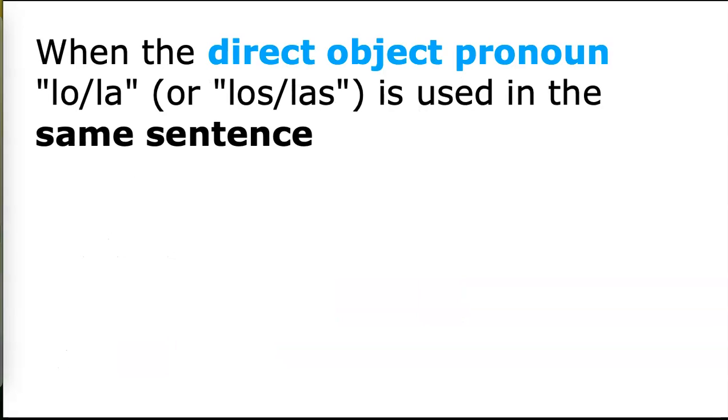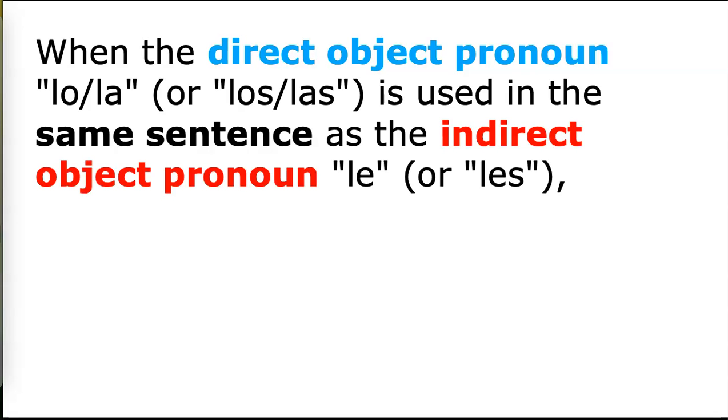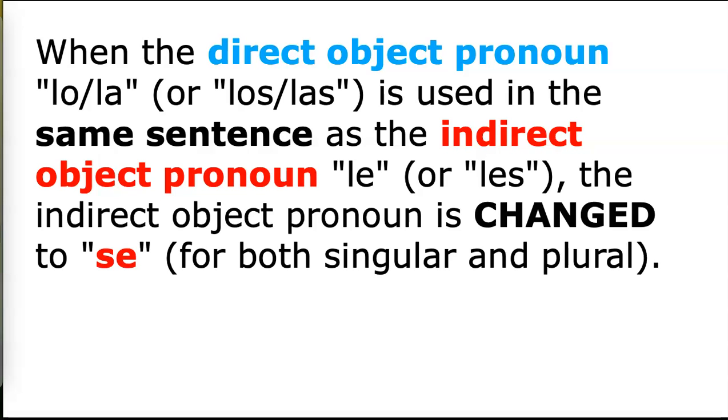Here's another rule, however. When the direct object pronoun, lo or la, or the plural los or las, is used in the same sentence as the indirect object pronoun, le or les, we change the indirect object pronoun to se, and we use that for both singular and plural.